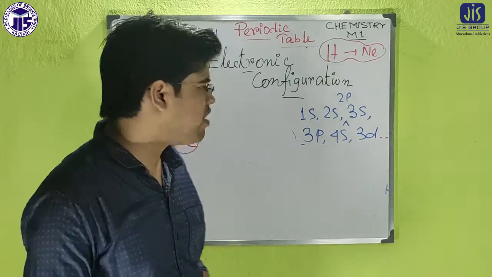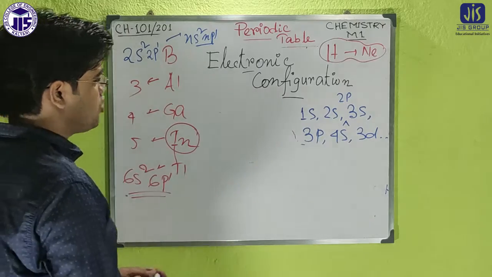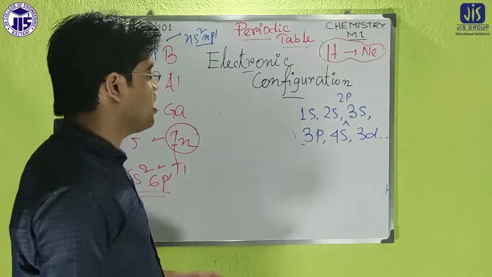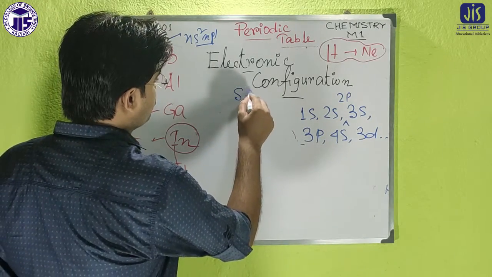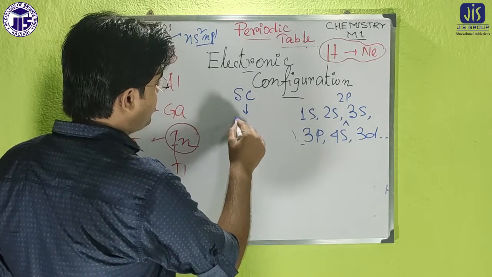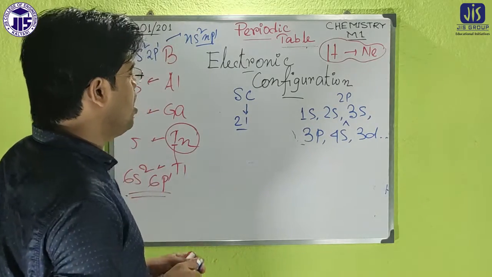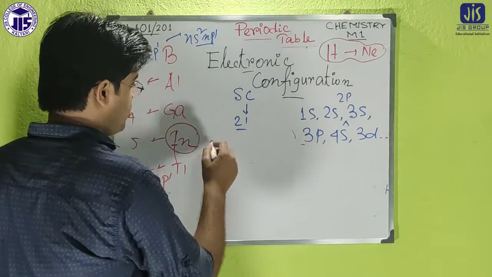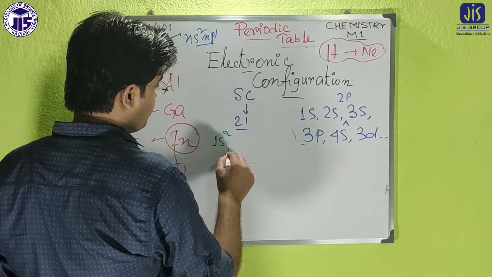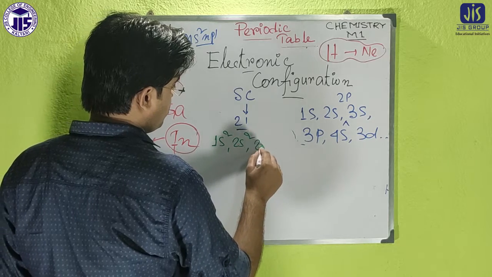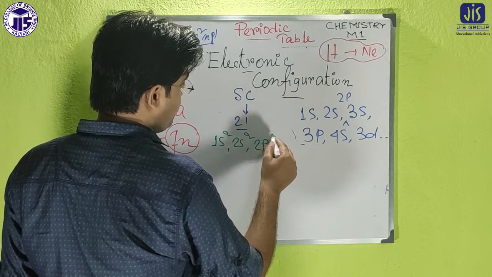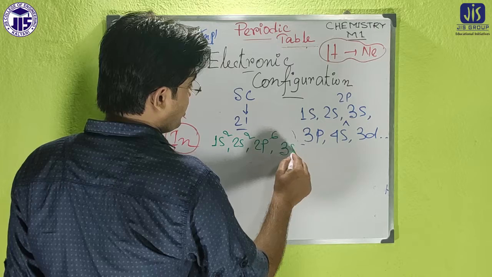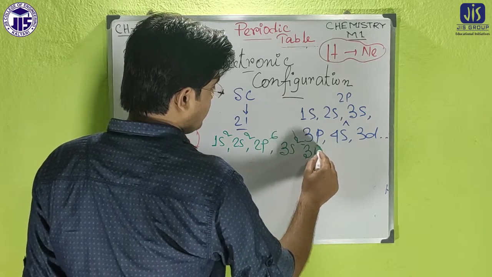Now I will show you another electronic configuration, for a transition element. For example, scandium, atomic number 21. Just write down the electronic configuration of scandium. It will start from 1s2, 2s2, 2p6, then 3s2, then 3p6.